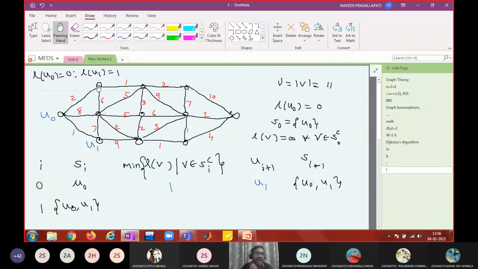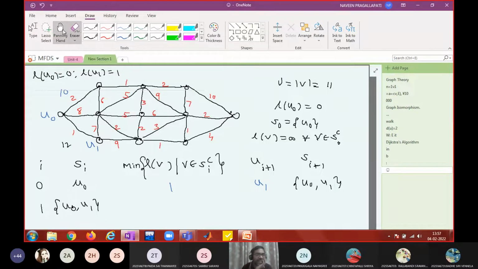Let us say the distance from this node to this node is 10 for the time being, for understanding, and from this node to this node is 12. Then which node are you going to select? U0. This one. So you will be assigning 10 to this node, not 12. Is it okay?